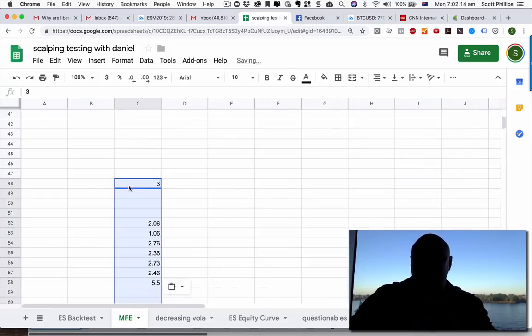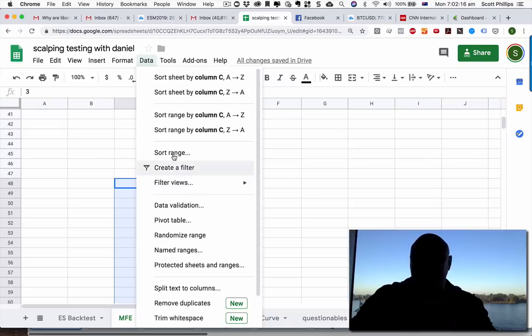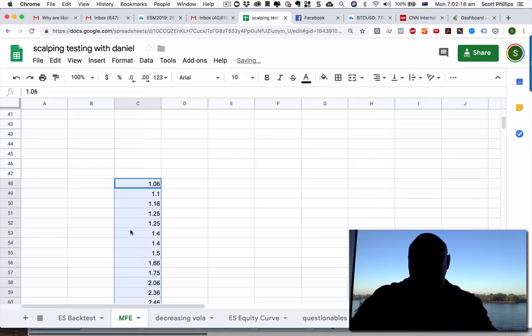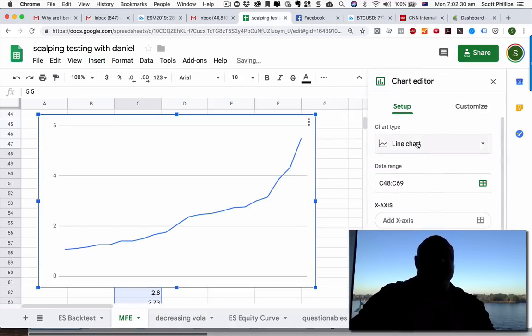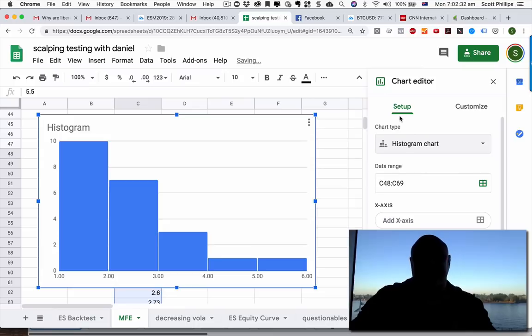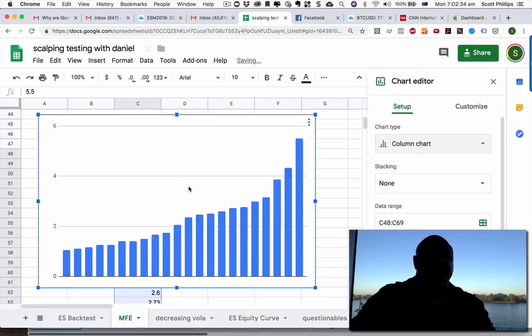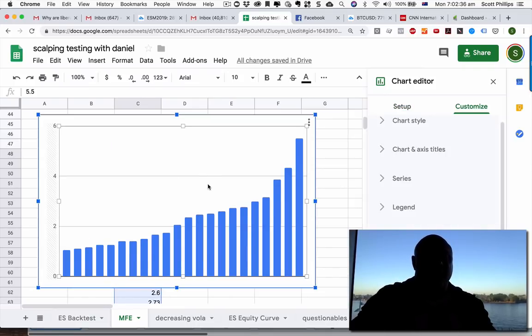What I want to show you so far is, if I copy these and we go to MFE, paste the values, data, sort range. Okay, we have a range sorted according to MFE, and then we go insert chart.